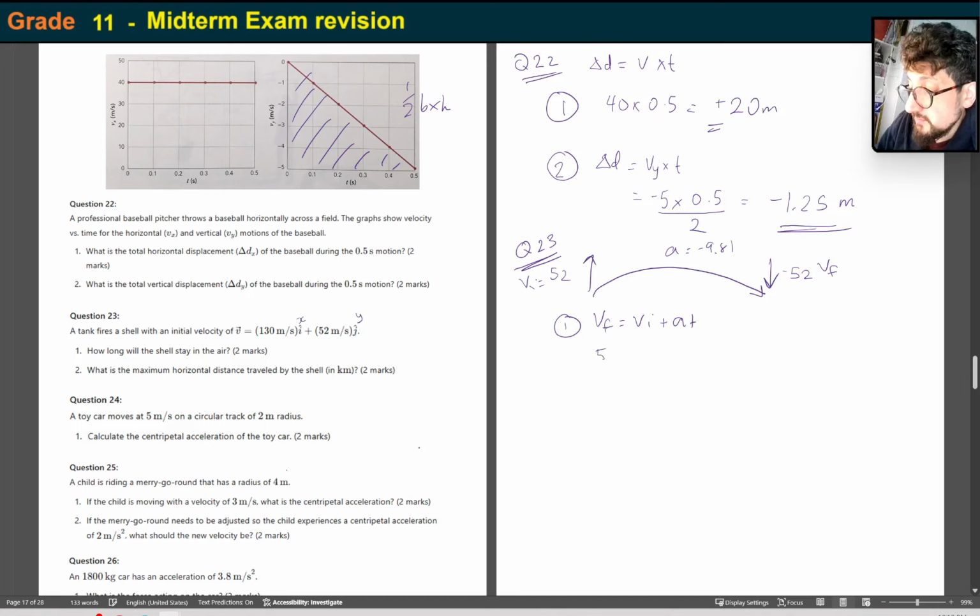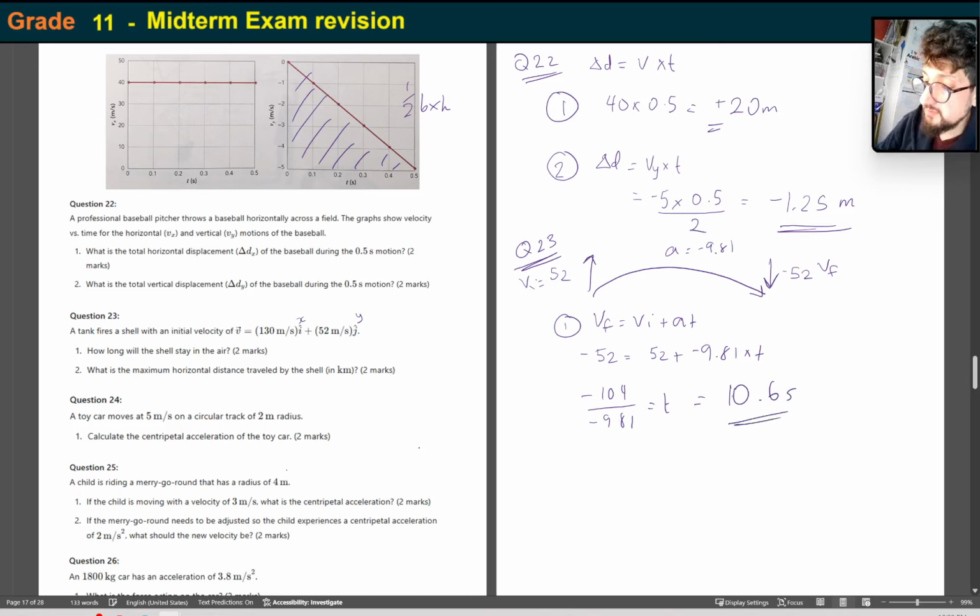So that's going to be -52 is equal to 52 plus -9.81 times t. So it's going to be -104 all over -9.81, and that equals t, which is approximately 10 seconds. 104 divided by 9.81 is 10.6 seconds.